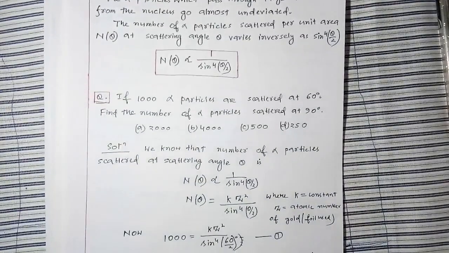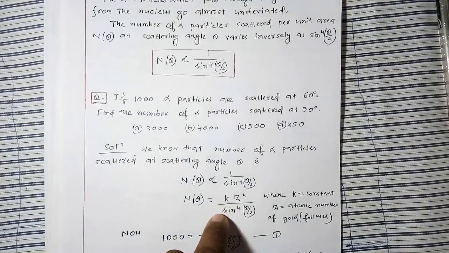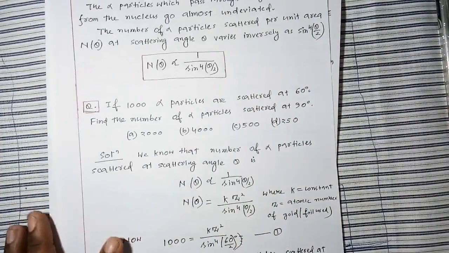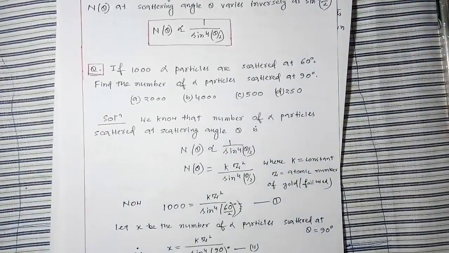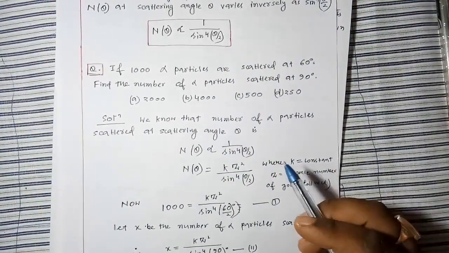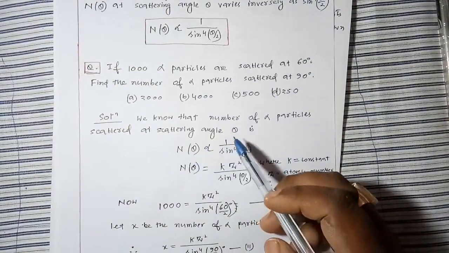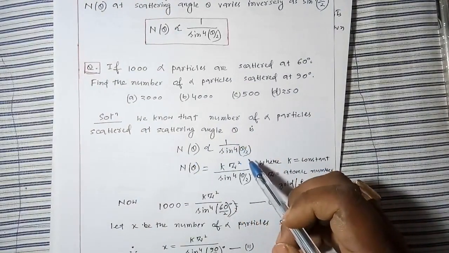And here we have a numerical. If 1000 alpha particles are scattered at 60 degrees, find the number of alpha particles scattered at 90 degrees. So this is the actual formula that we should use, because N theta is inversely proportional to sine 4 theta by 2.